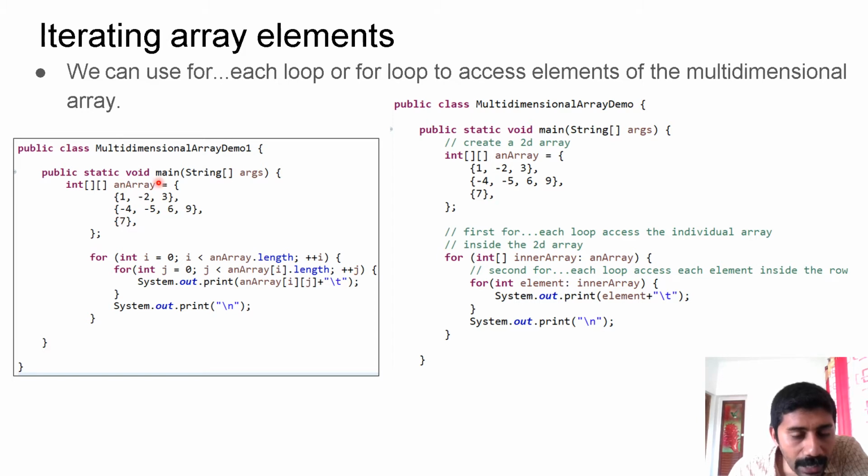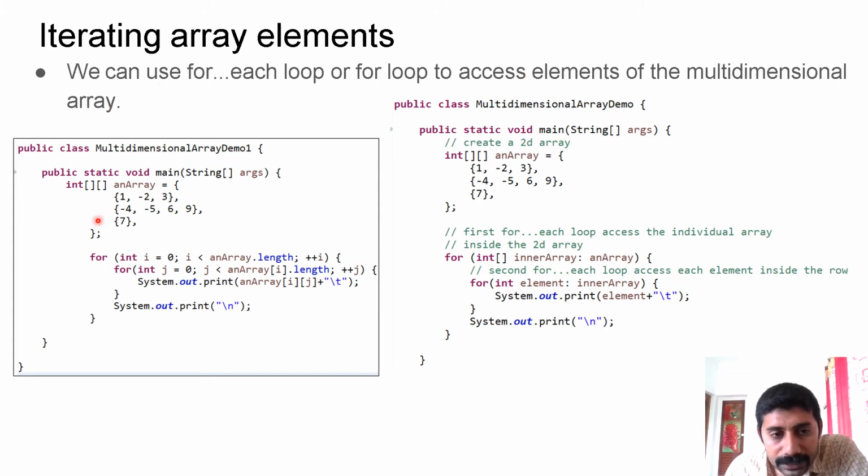So array dot length will give you 3 because 3 elements are there. Each element is itself a different array. Now array of i. Array of 0 means I'll be pointing to this. Array of 1 means the next one. So using these two loops, I can print the elements of the array.